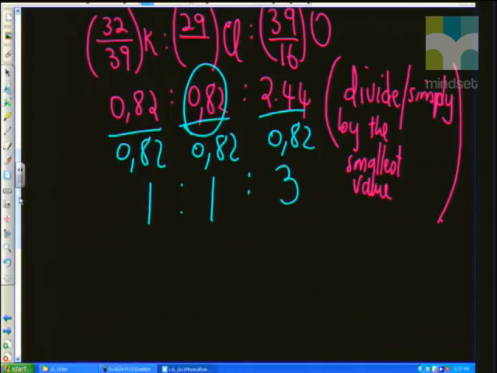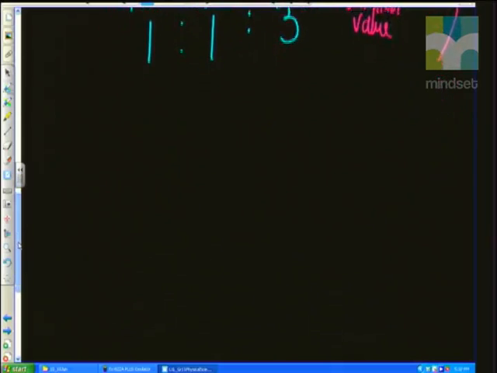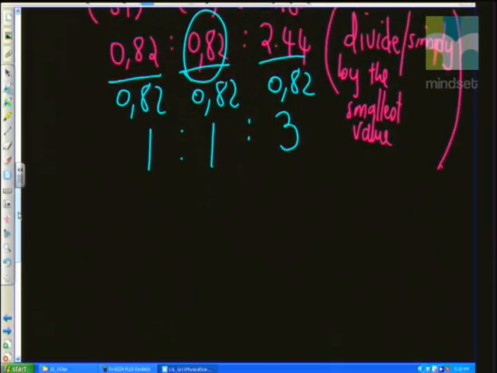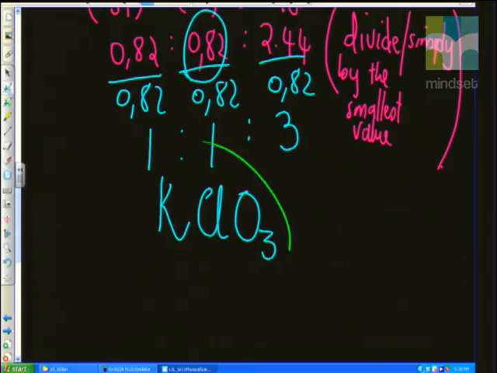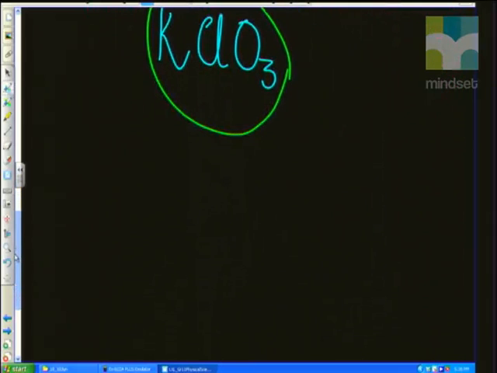And what will then be the empirical formula here? Remember this is for potassium, K, and 1, so it's K1. The next one is chlorine, so it's Cl1, and the next one is oxygen, which is 3. So that is the empirical formula of the substance we were talking about. Now look at it.